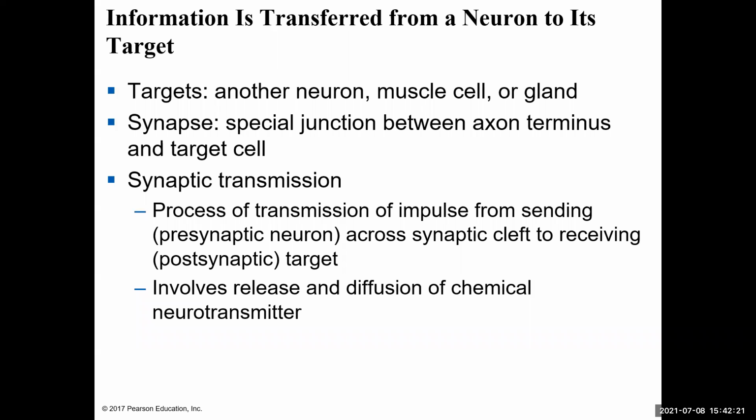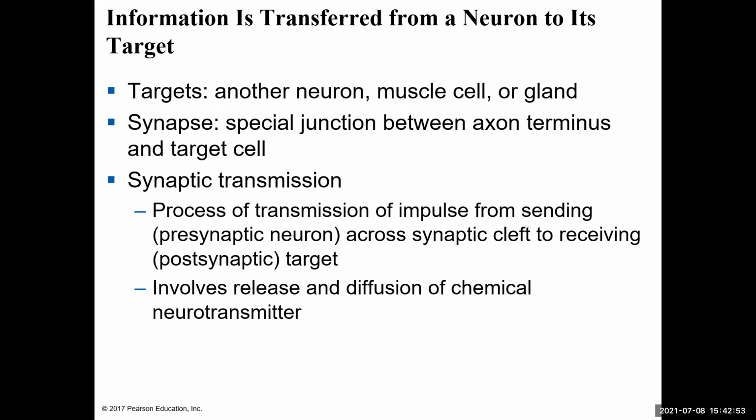And so to start this video off, we're just going to look at how information is transferred from a neuron to its target. And like I mentioned, that target can be another neuron, it could be a muscle cell, it could be any kind of tissue cell, organ cell, or gland. And basically what happens is at the end of the axon terminal, there is a synapse area.